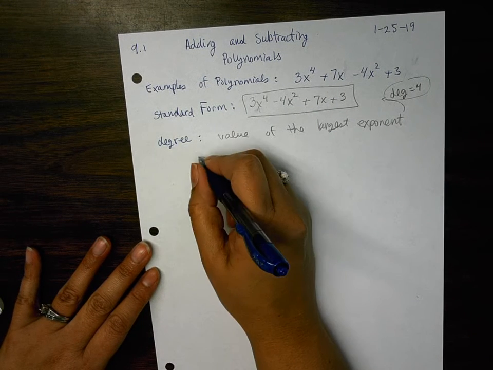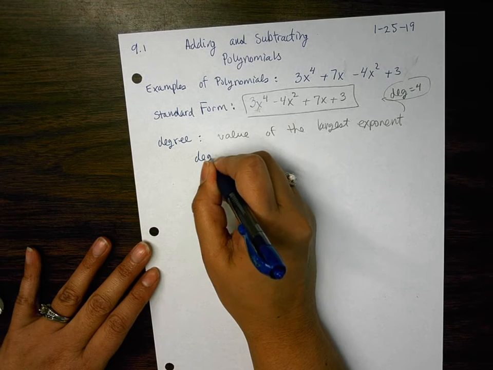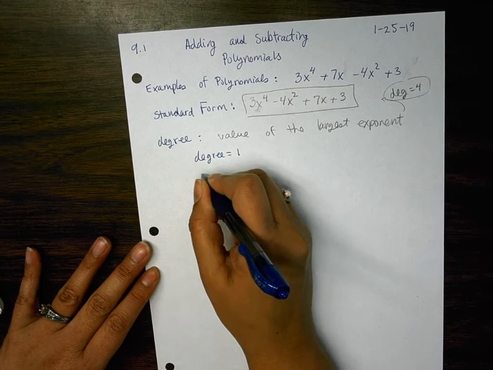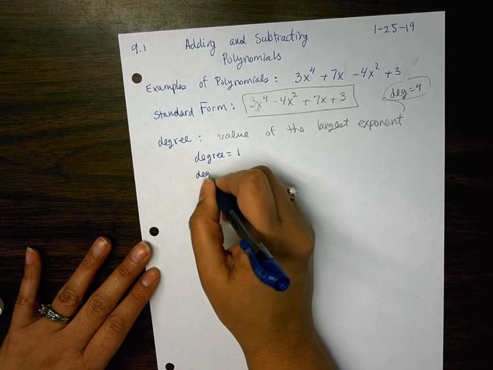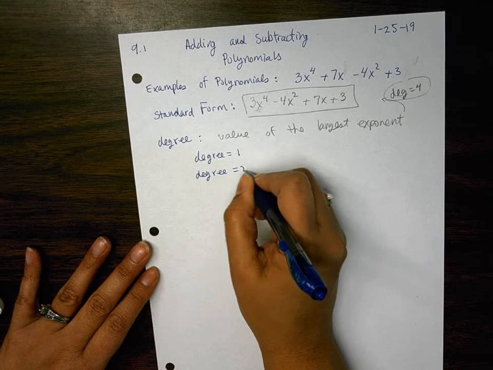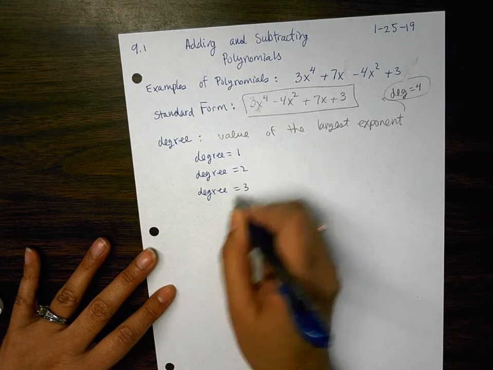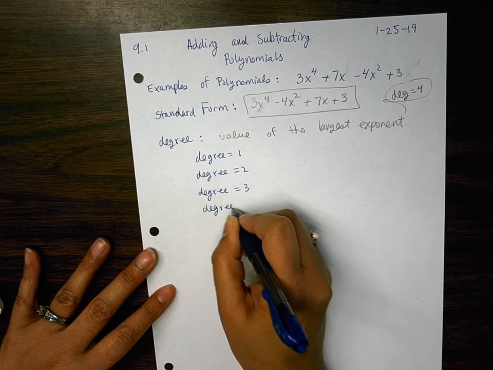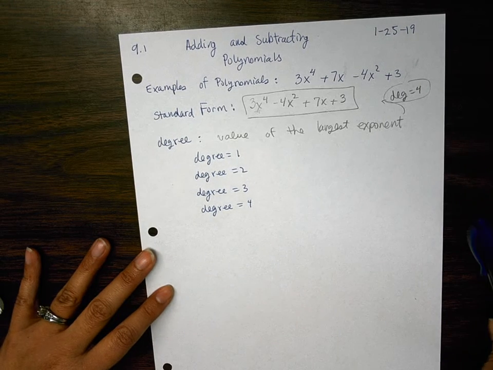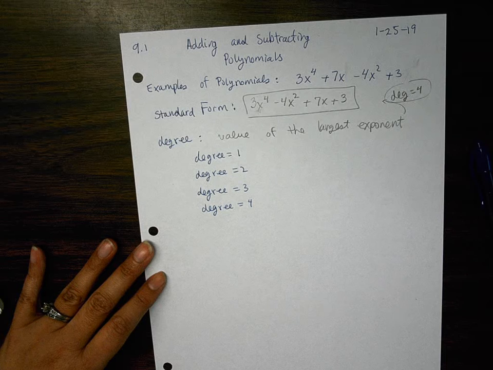All right. You will be asked today to name polynomials by their degree. So we're going to write down a few of them that you will need to know. All right.